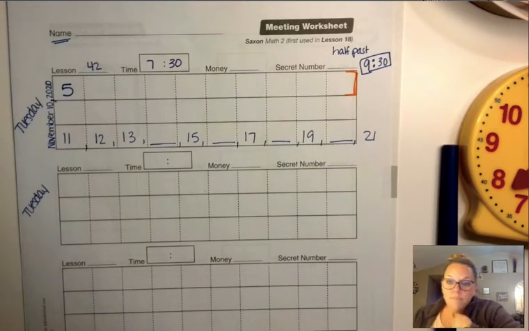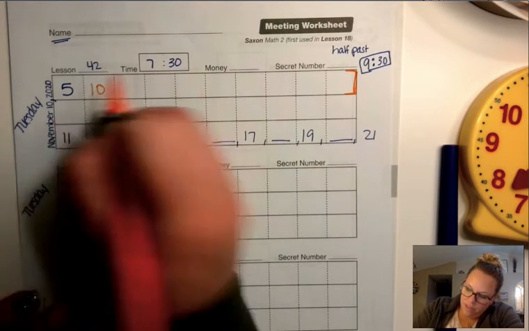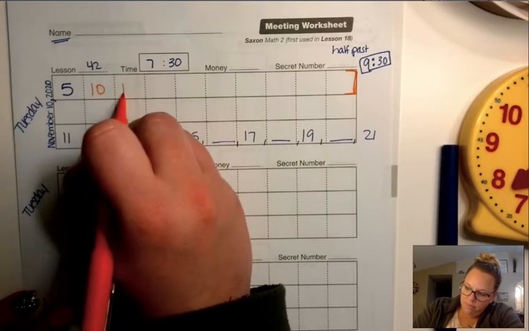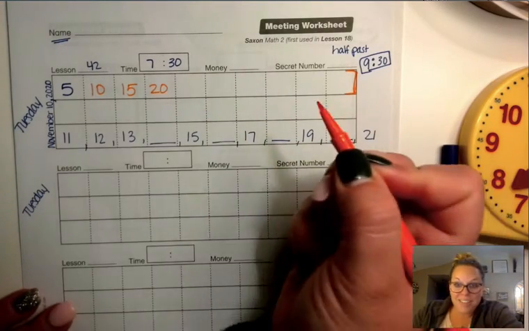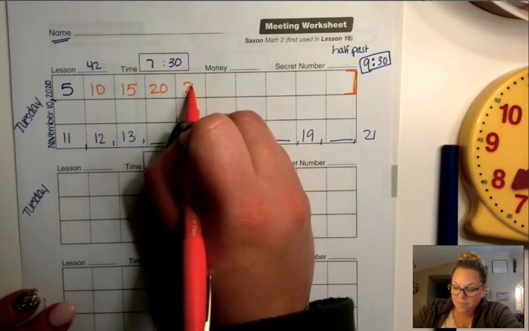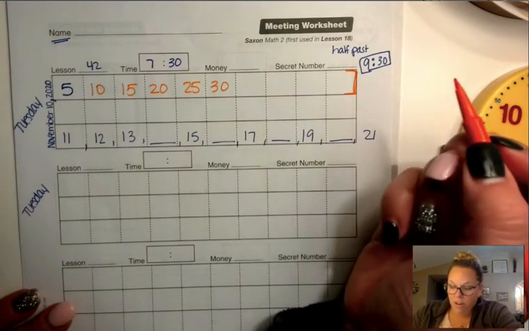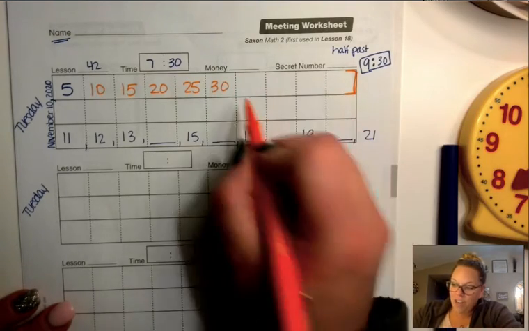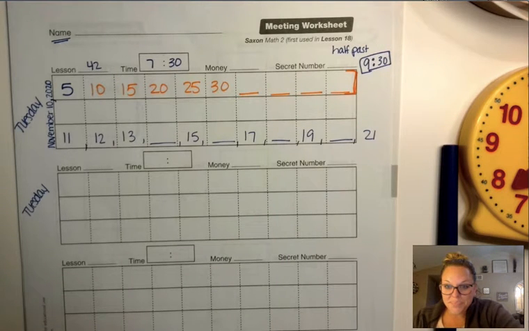I will start and you can continue on. 5, 10, 15, 20, 25, 30. And can you finish these last 4 boxes? Go ahead and fill them in, counting by 5s.